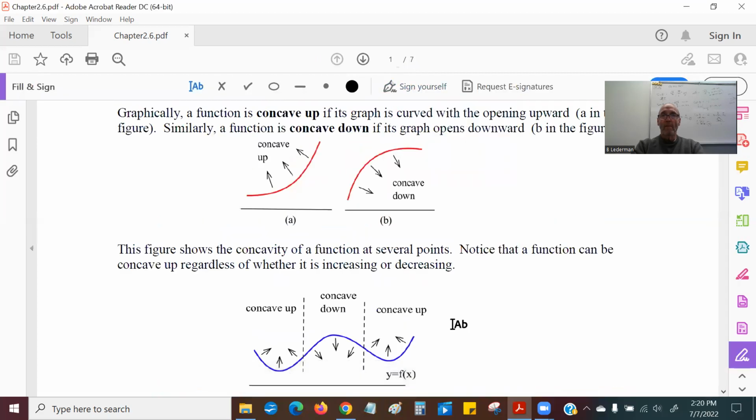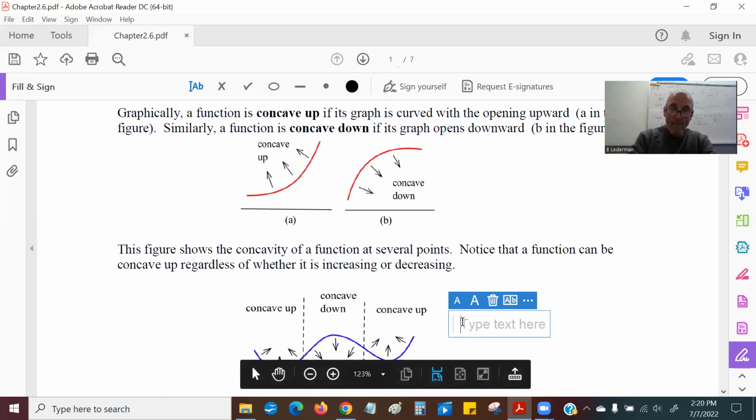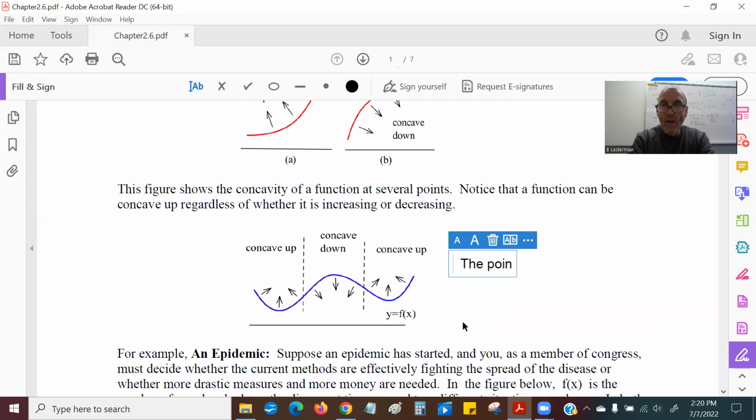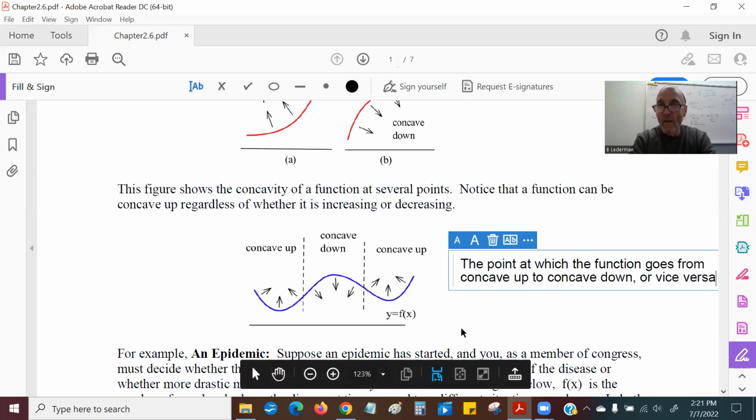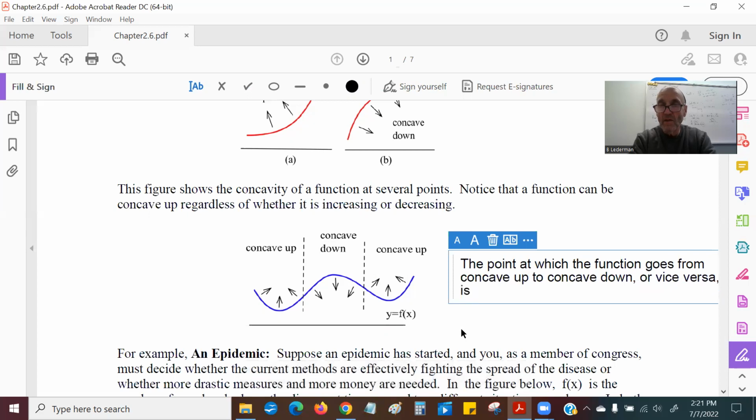The point at which the function goes from concave up to concave down, or vice versa, is called a point of inflection.